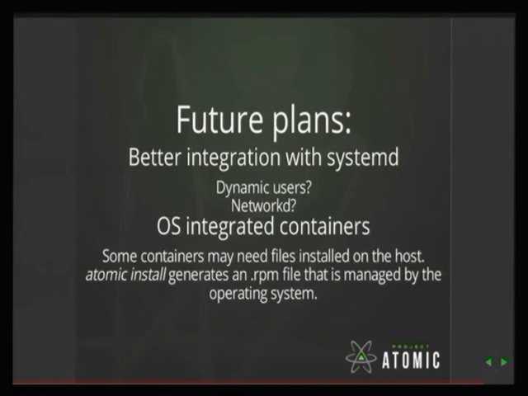And another thing we are working on right now is a better integration with the operating system. We have noticed that many containers require copying files on the host. And well, this model of system containers can be used as a more generic way to distribute files that need to be installed on the system. But we don't really want to copy arbitrary files everywhere and pollute the system.